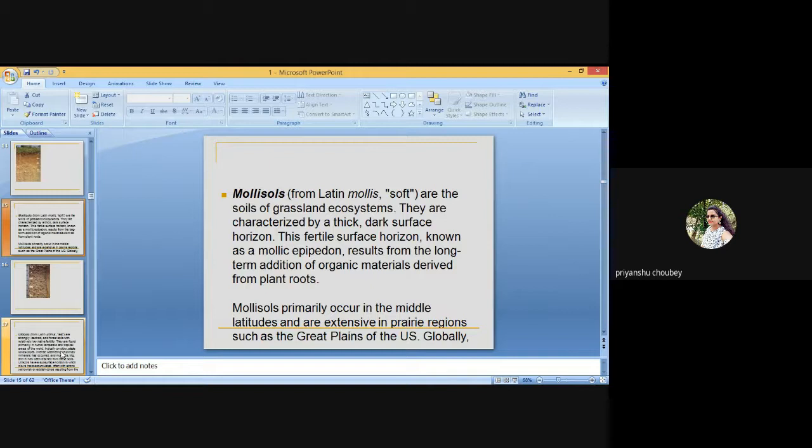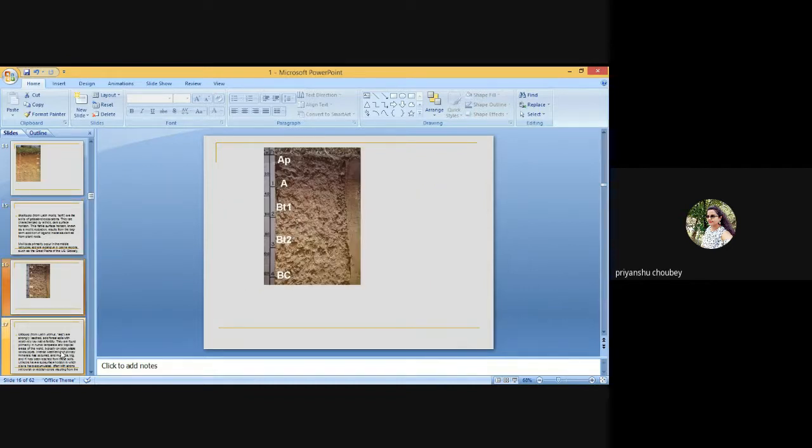They are characterized by a thick, dark surface horizon. And this fertile surface horizon, known as a mollic epipedon, results from the long-term addition of organic materials derived from plant roots. Mollisols primarily occur in the middle latitudes and are extensive in semiarid regions such as the Great Plains of the US. This is a picture of a mollisol.